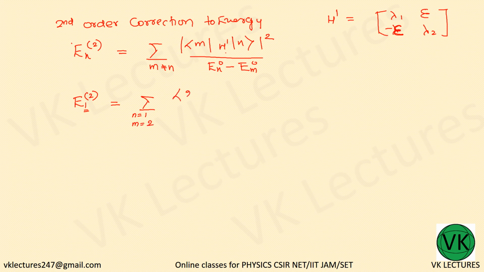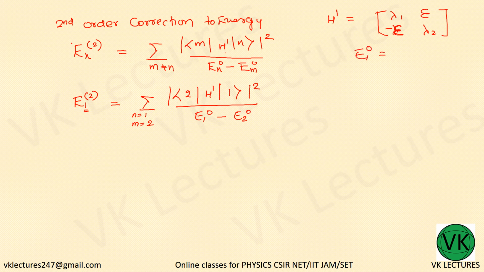So the matrix element 2 h dash 1, squared, divided by E1 naught minus E2 naught. Now what is E1 naught?